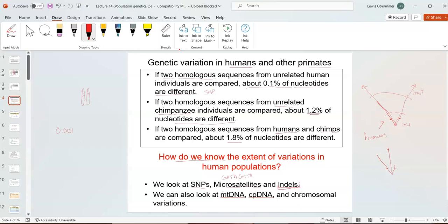We can also look at mitochondrial DNA. Sometimes this is easier because if we compare mitochondrial DNA, we don't have to worry about it recombining. We don't have to worry about crossing over, because in most, I wouldn't say all, but a lot of organisms, the mitochondria only comes from the mother, which we talked about.